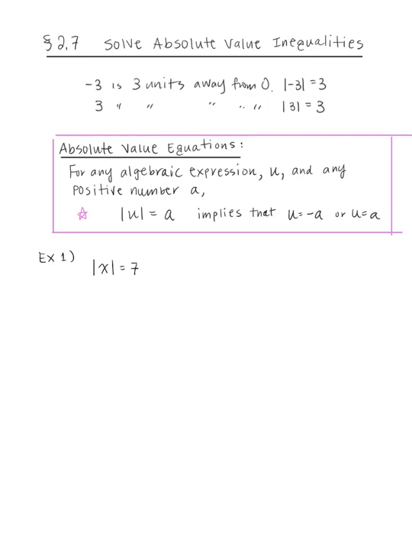So suppose that the absolute value of x equals 7. According to the absolute value equation theorem, this implies that either x is 7 or x is negative 7. So you can rewrite this as x equals plus or minus 7.